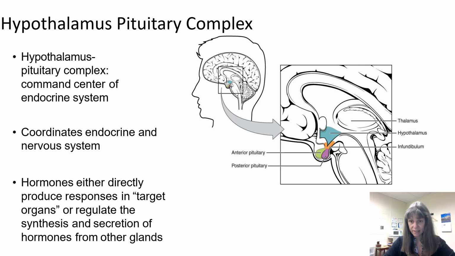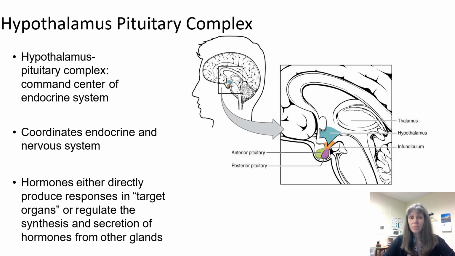Remember, the pituitary gland is that gland that sits in the sella turcica of the sphenoid bone. So often when we have a stimulus that is received by the nervous system, it has to pass through that hypothalamus-pituitary complex to be translated into hormones that can initiate a specific response.